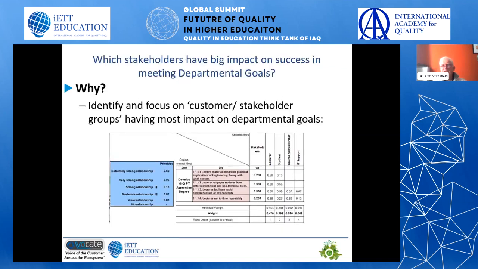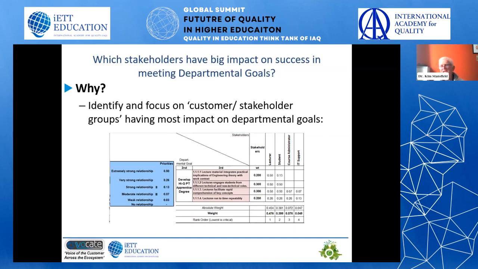And then another method that comes out in the modern QFD framework is to understand the link between the goals of your organization or your department, or for a program, and who are the stakeholders that impact those goals, as in impact successful achievement of goals.